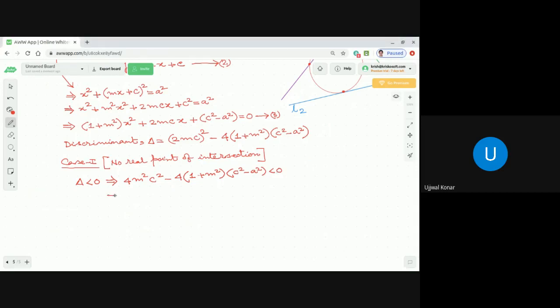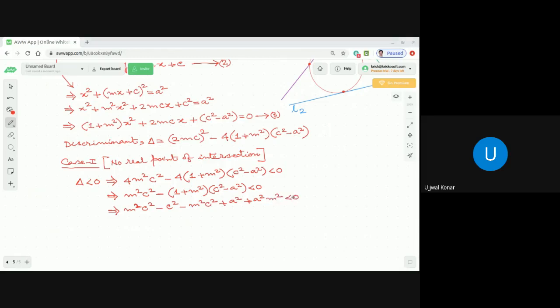That implies m square c square minus (1 plus m square) into (c square minus a square) is less than 0. That implies m square c square minus c square minus m square c square plus a square plus a square m square is less than 0.